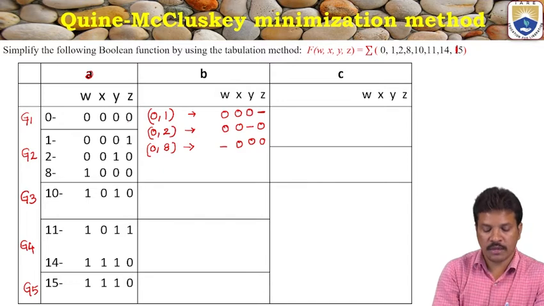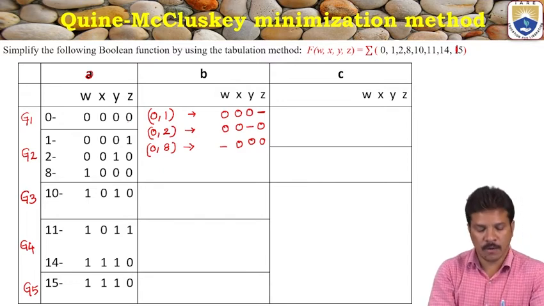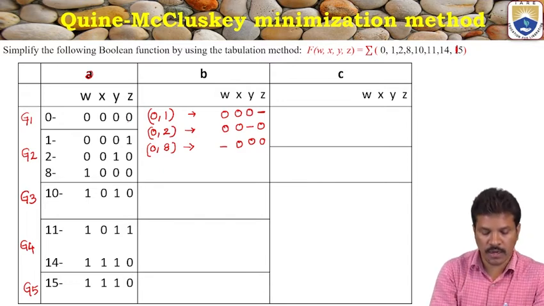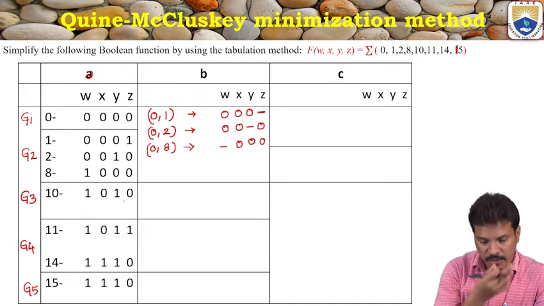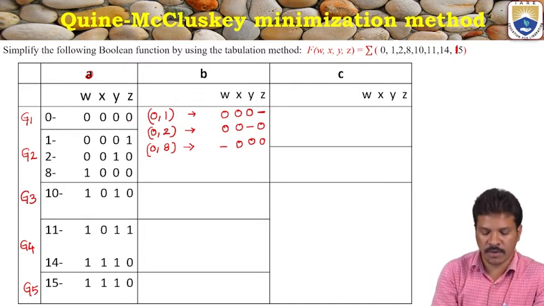Group 2, group 3. In group 2 we have 1, 2, 8 and in group 3, 10. Is there any 1 bit variable change between 1 and 10? No. If you see 1 and 10, 1001 and 1010, there is more than 1 bit change.